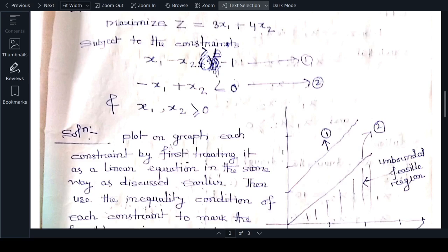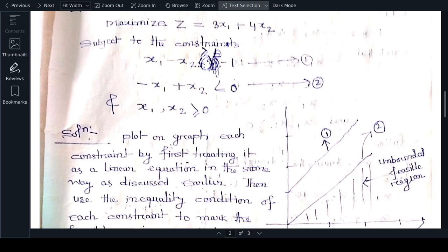So one coordinate will be minus 1, 0, and another coordinate will be 0, 1. So from here you see, you draw a straight line.